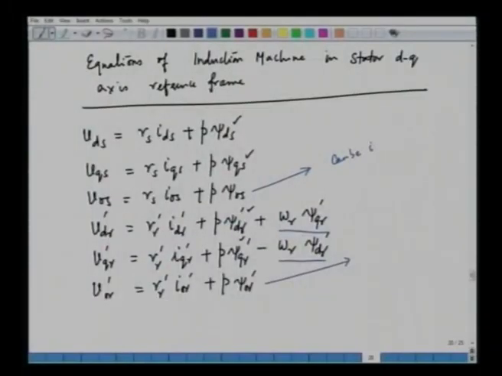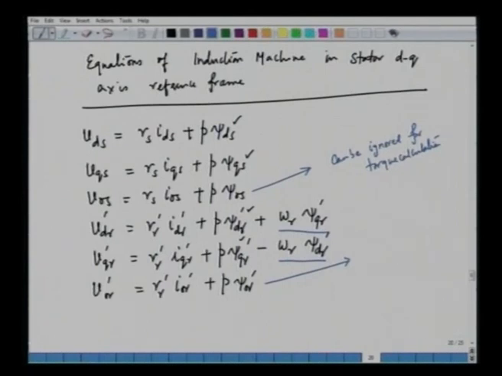The zero sequence components do not take part in production of the torque, and hence the zero sequence equations can be conveniently avoided while calculating the machine torque and machine speed. So, we can say that this can be ignored for torque calculation. And furthermore, the zero sequence components do not have any coupling with either D axis or Q axis.